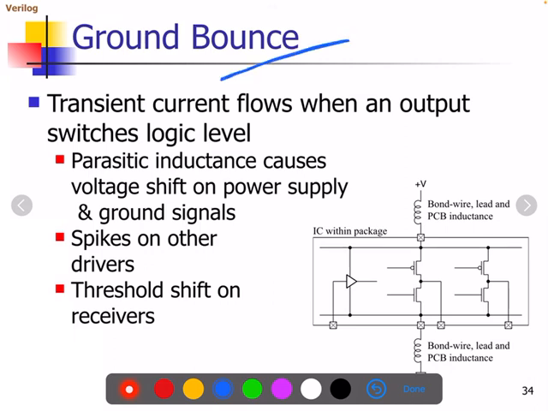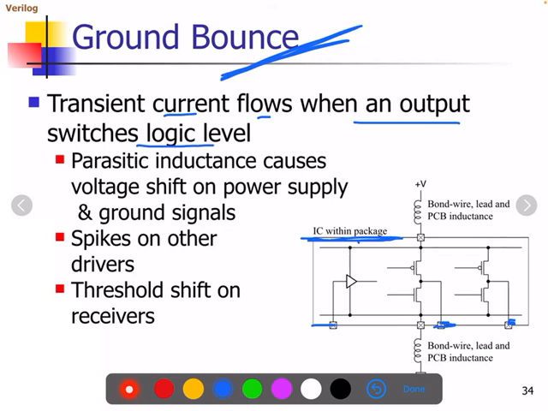There is an effect called ground bounce. Let us understand what ground bounce is. As you can see, this is an IC within a package. These are the connections made to various components of the IC in the package. Transient current flows when an output switches logic level.